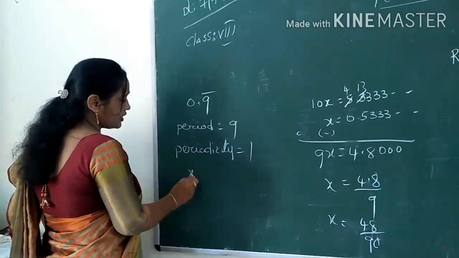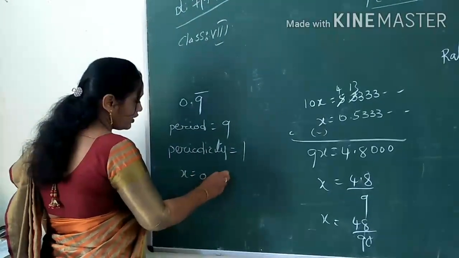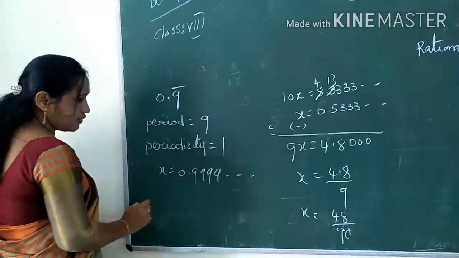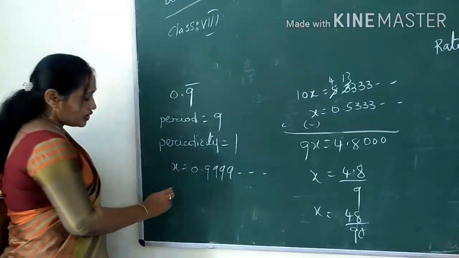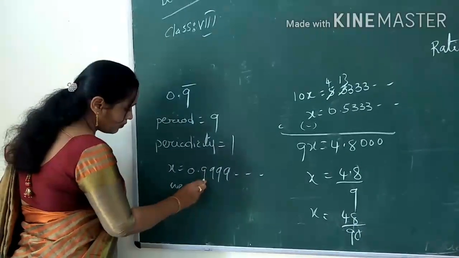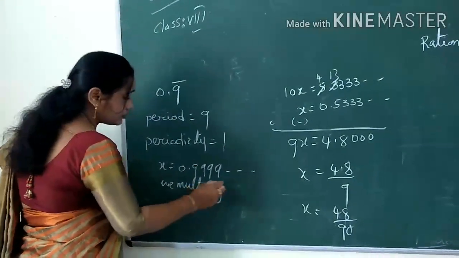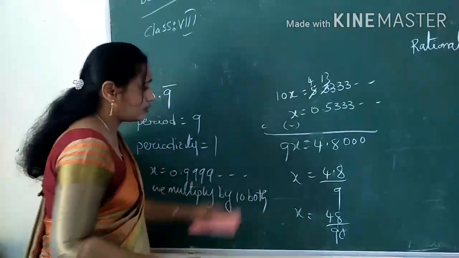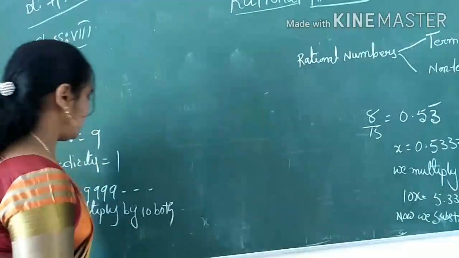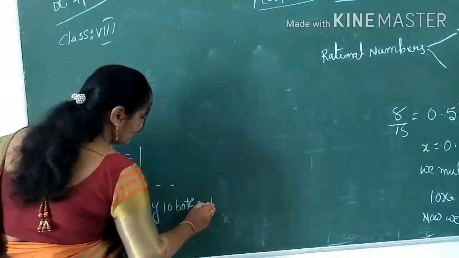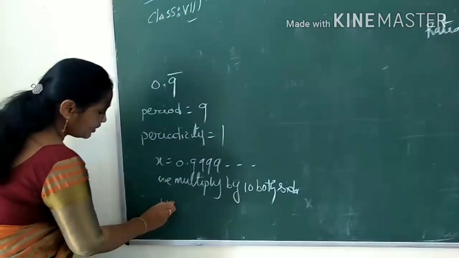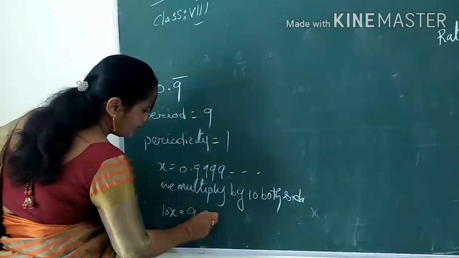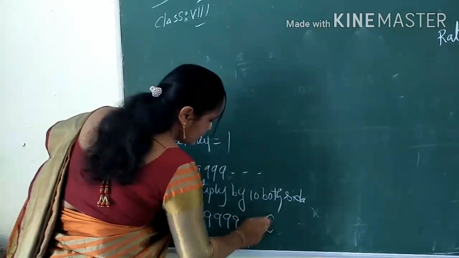Now 0.9 bar. Let us say x equals 0.9999 and so on. The periodicity is one only, so we multiply by 10 on both sides. 10 into x means 10x, and the number moves one place, so 9.9999 and so on.